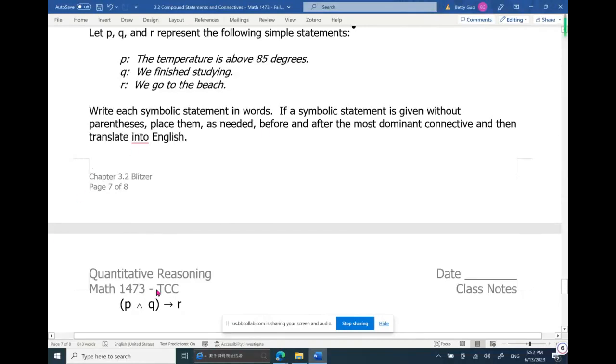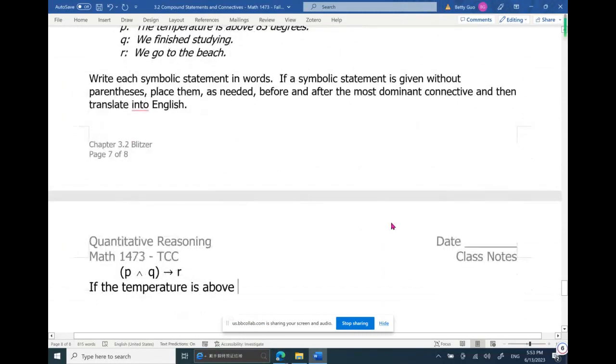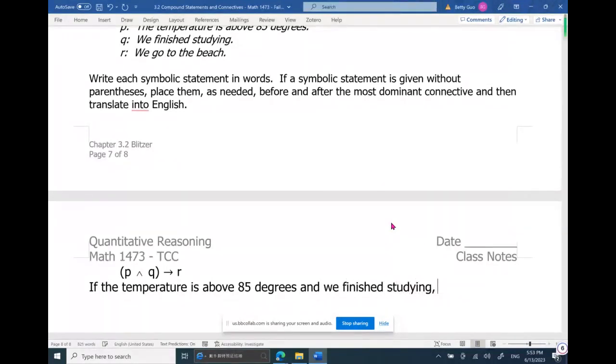So this is a conditional. If P and Q, if the temperature is above 85 degrees, and we finished studying, then R, we go to the beach, right? So that's the first one.